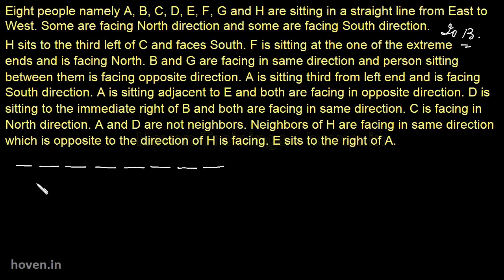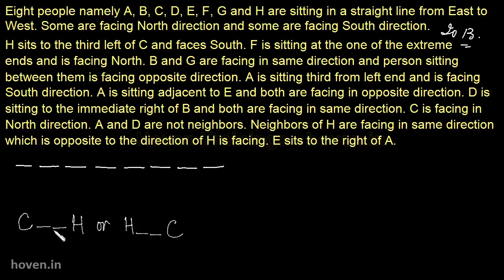So this means one of these two is possible, this one or this one. This statement simply tells us that there are 2 persons between C and H. H sits to the third left, so it could be this way or this way.